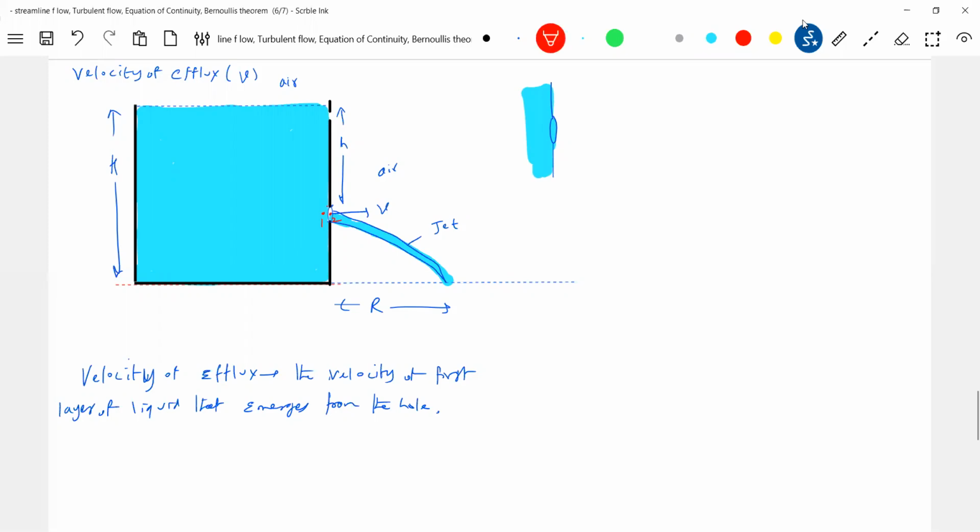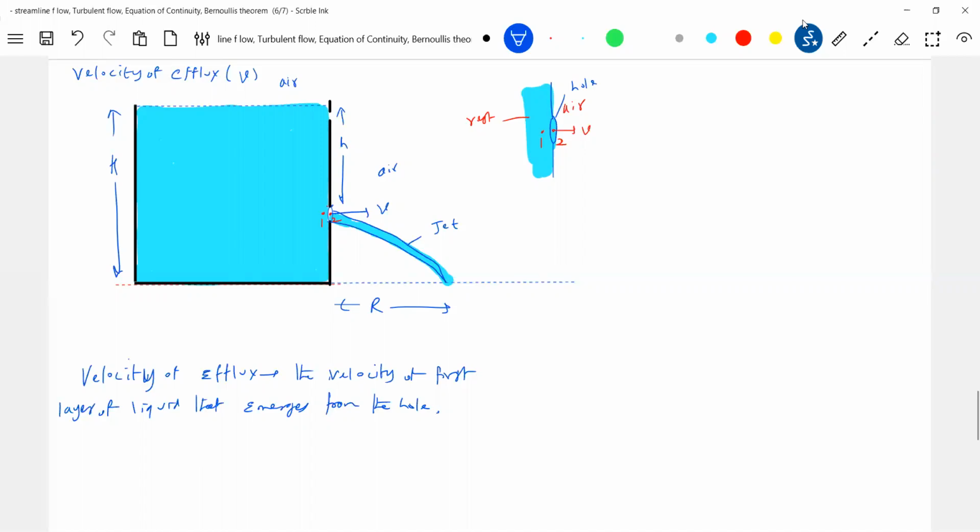So this is point 2, this is point 1. Here, what is the state of liquid? At rest, no? And this liquid is in motion and it is exposed to air. Will I agree? And this is that hole, a small hole. A small hole is made here. Everyone is able to understand this?